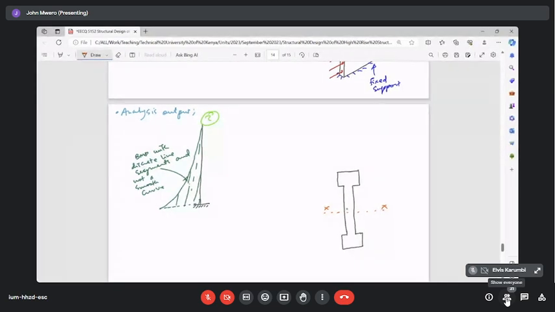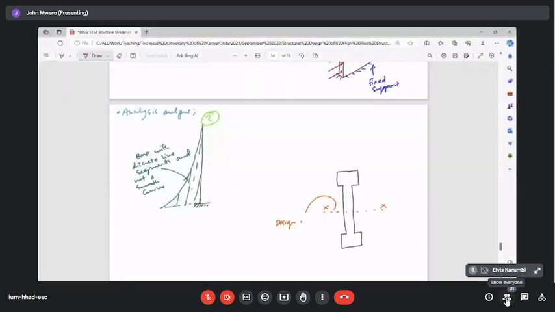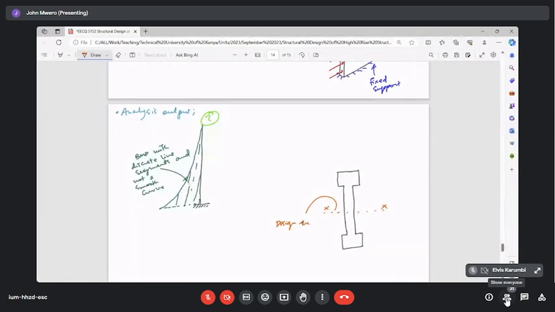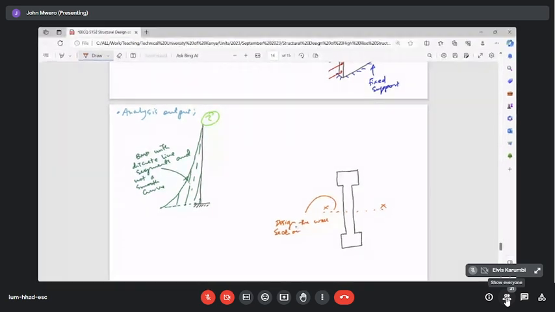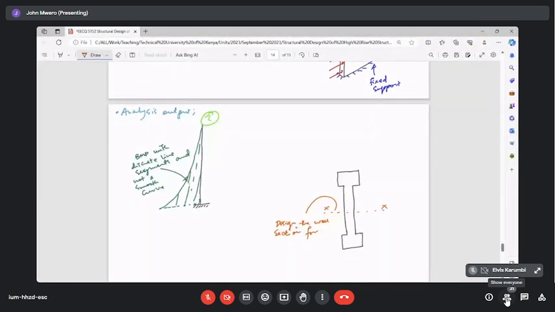And we need to design the wall section for bending about this axis here, XX.